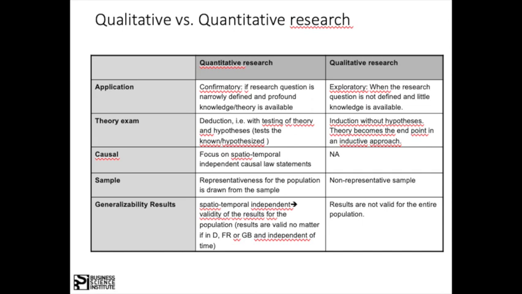Quantitative research is rather causal, with a focus on spatio-temporal independent causal law statements. So the results should be generalizable for empirical generalizations, independent from space, time, and location. This is not applicable to qualitative research. The sample is representative in quantitative research, representative for the population, and the sample is drawn from the mother population, whereas in qualitative research, the sample is non-representative.